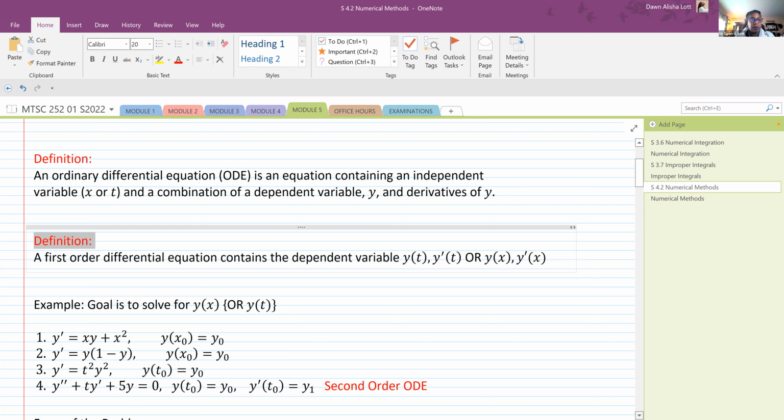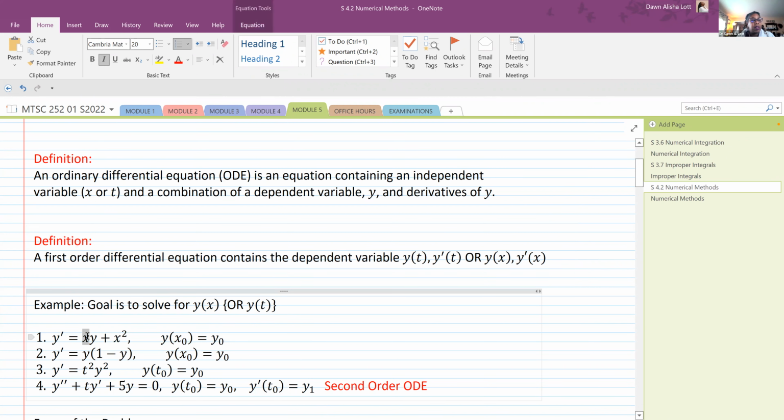I'm sorry, 1 minus y. This is another form of a first order differential equation. Here the independent variable is x, even though x does not appear in the problem.